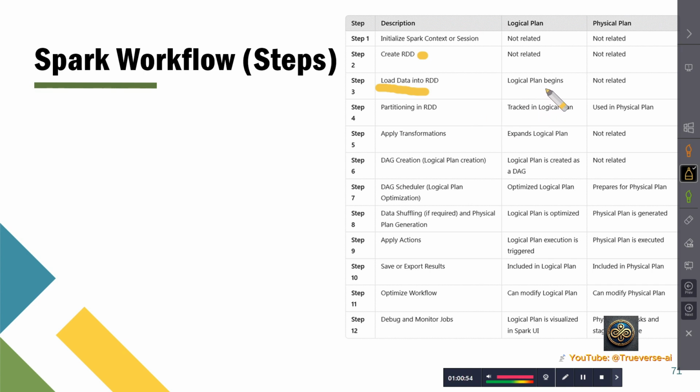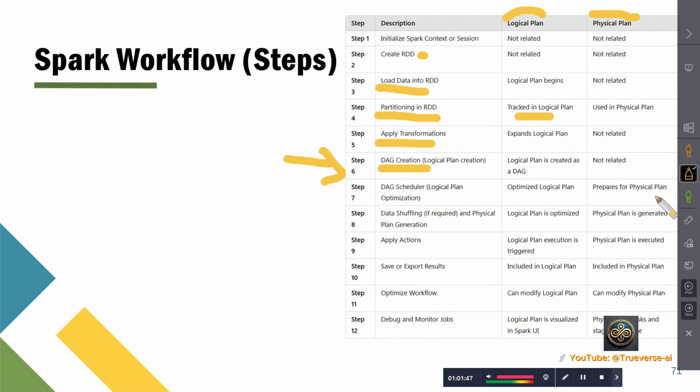This is where the logical plan begins, and then partitioning in the RDD, which is when the data is divided. So until here it is the logical plan, no physical. Physical means real. Here is the action. So until here we apply methods and create a DAG, until step 6. Then we need to optimize our graph. Here we make a graph. It is the logical plan optimizer.